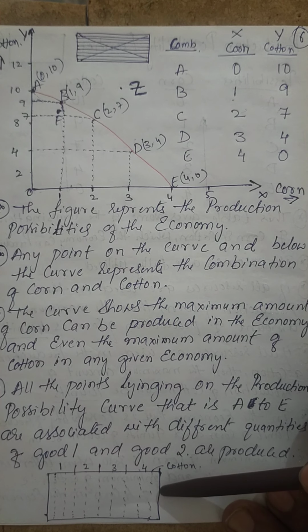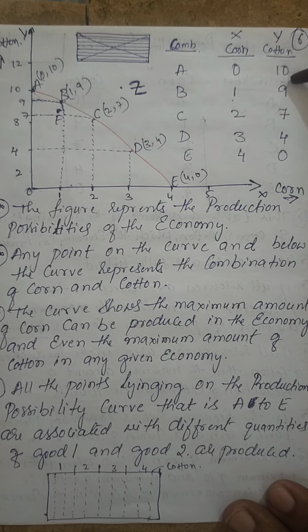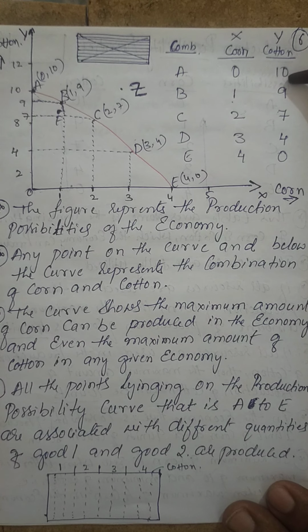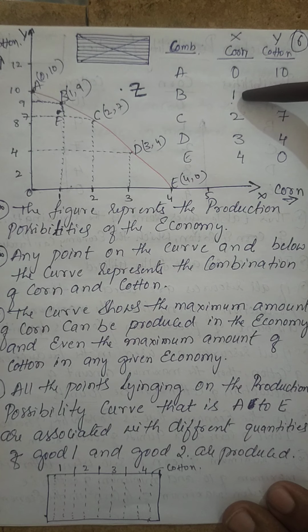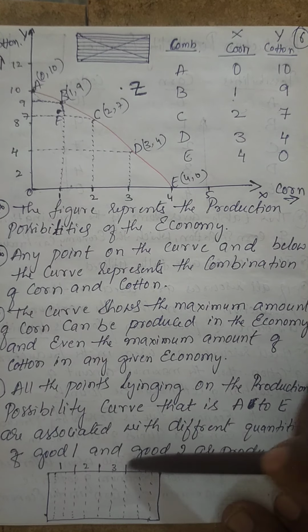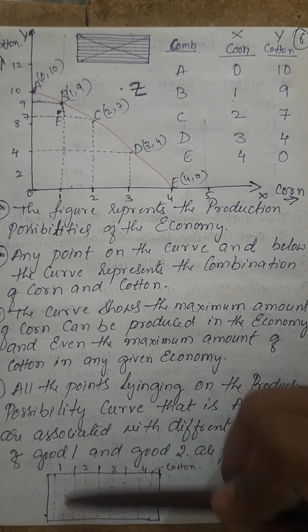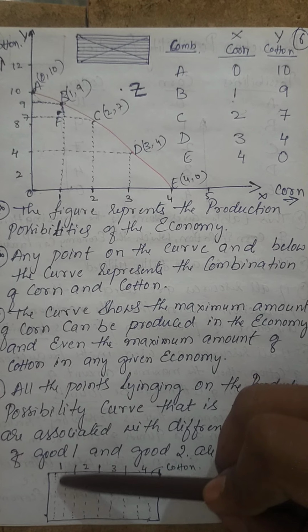After 1 year or 2 months or 3 months, a farmer is ready to produce 1 unit of corn along with the 10 units of cotton. So already 10 units of cotton are here. What will he do? He will divide the land. This becomes 1% here.